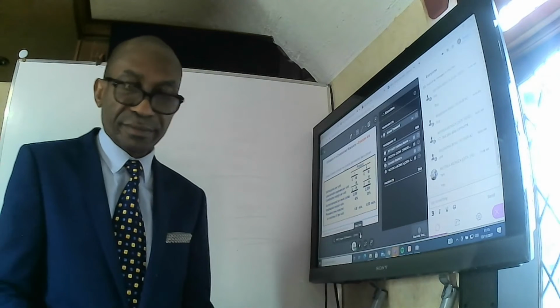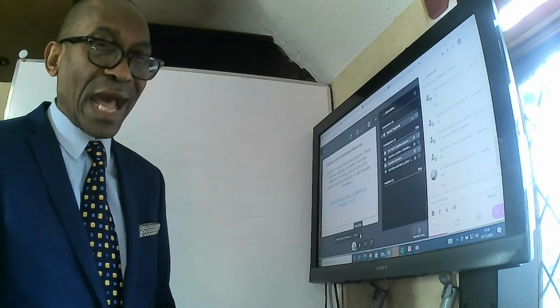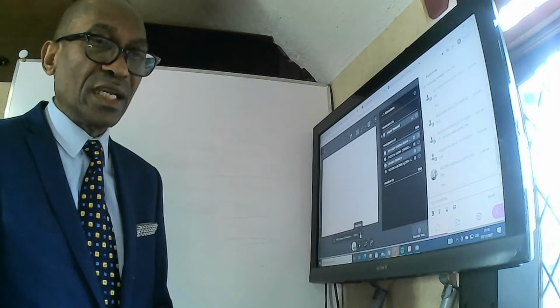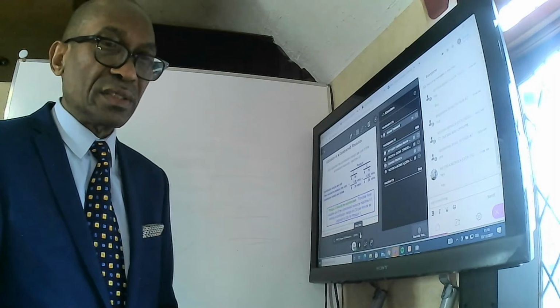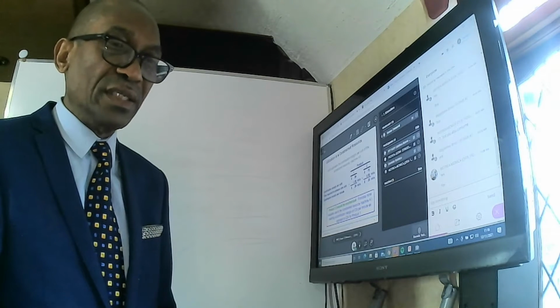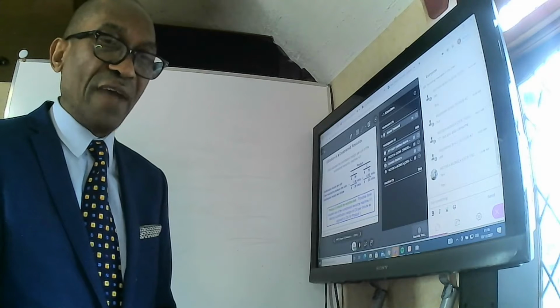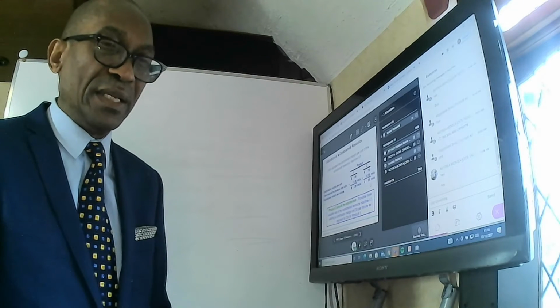Okay, so what we do now is we rank the contribution per minute. It's given here: 24 divided by 1 gives you £24 per minute, and 15 divided by 0.5 gives you £30 per minute.